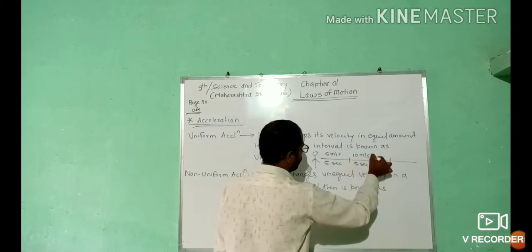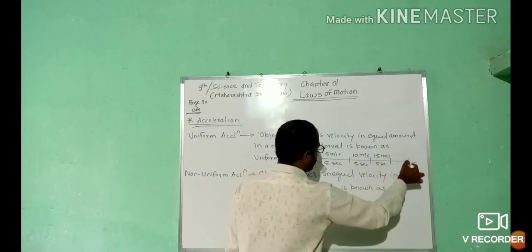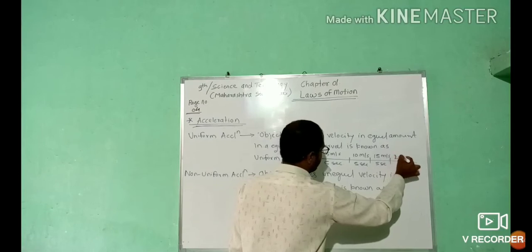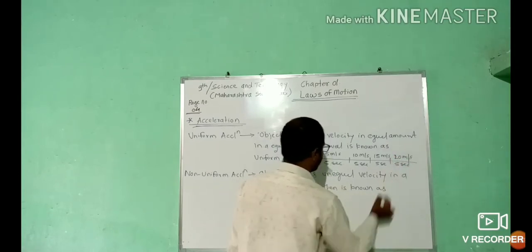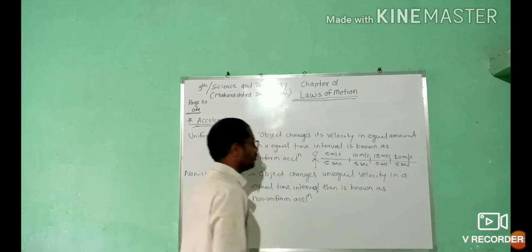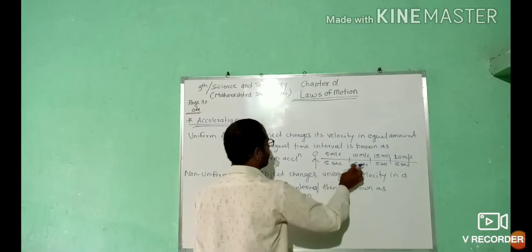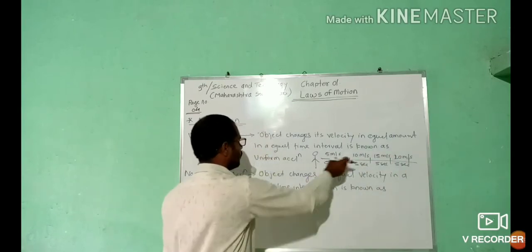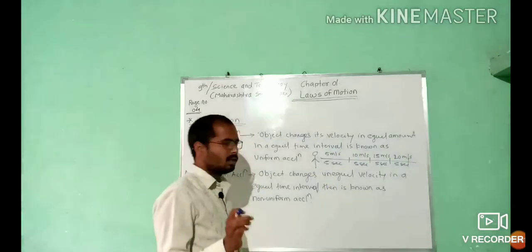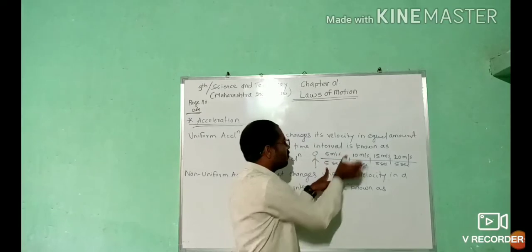Then he has a velocity of 15 meter per second in another 5 seconds. At last he has a velocity of 20 meter per second in the last 5 seconds. So for the first 5 seconds he has 5 meter per second, then 10, then 15, 20.